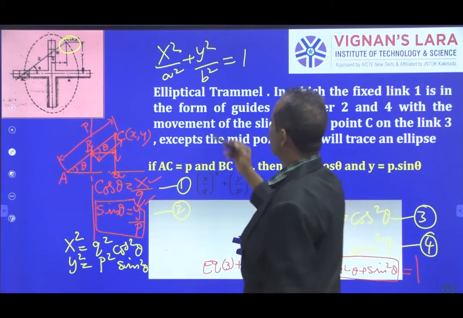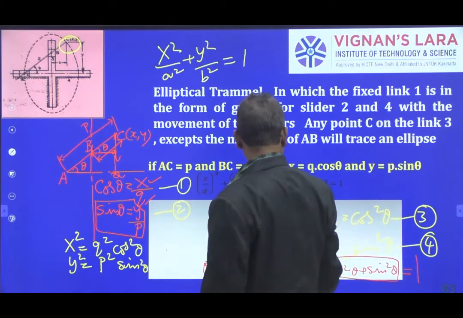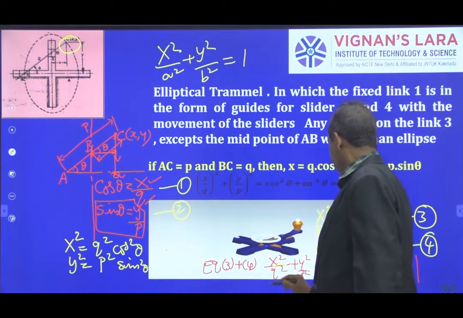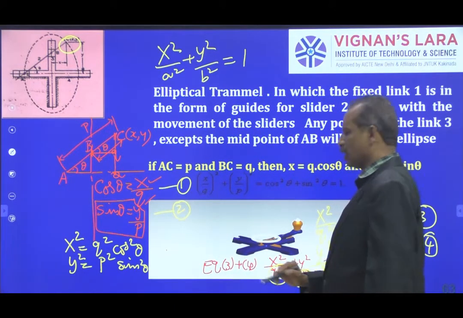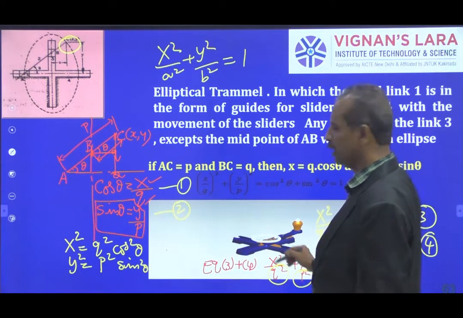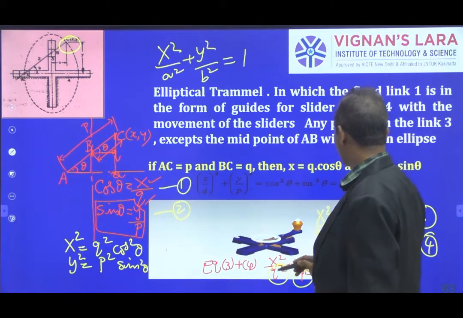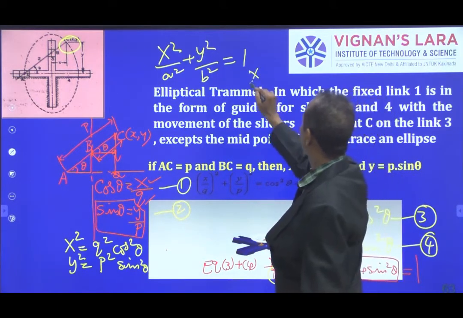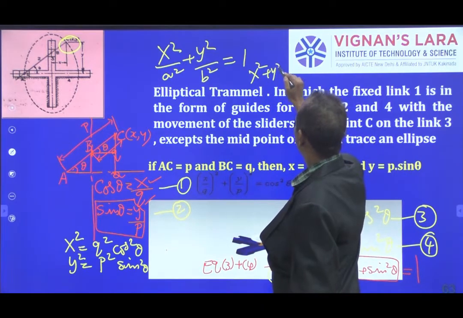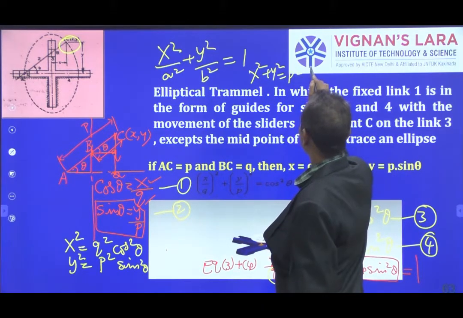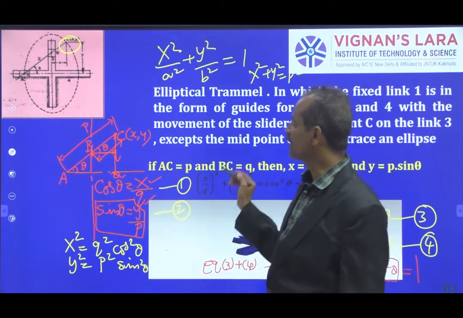Suppose P and Q are the same. Then x square plus y square is equal to p square, and it gives a circle.